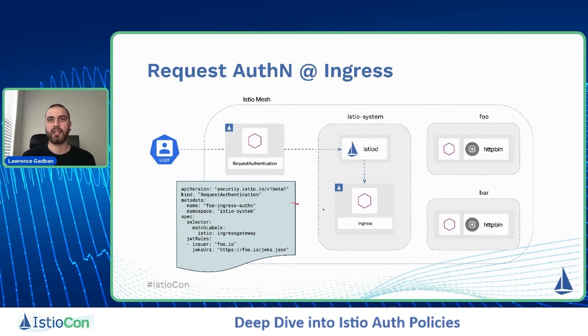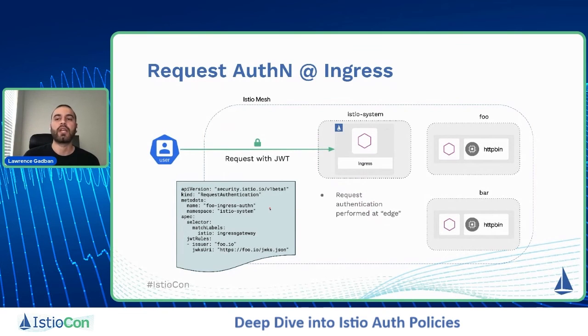In this case, what we're defining is that the Ingress gateway is what's going to actually perform this request authentication. So if we look at the data plane, the request path, users make a request with a JWT to the Ingress gateway, and now the authentication is going to be performed here at the edge. If it doesn't have a valid JWT, that request won't be authenticated even at the edge, and so it will be denied at the edge.